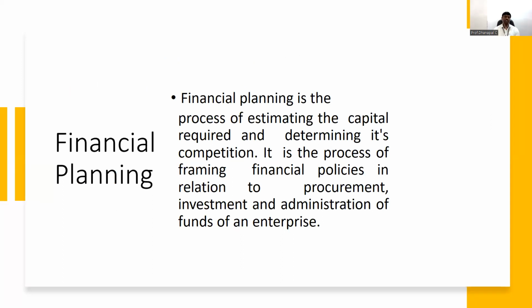Once you have determined how much capital is required for your business, you have to plan how you are going to procure it, what policies you are going to make to run your business smoothly, where you are going to invest, and what administrative processes you are going to follow for managing your funds in different portfolio managements and how you are going to manage your enterprise. That's what the financial plan is.